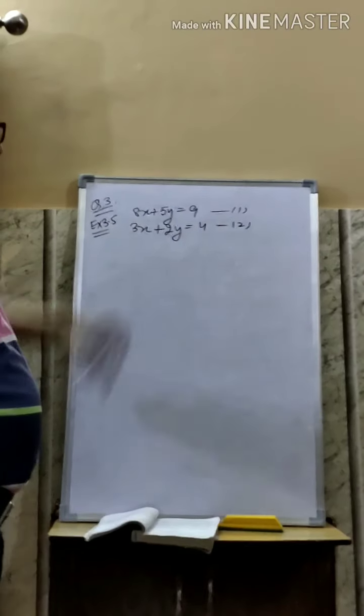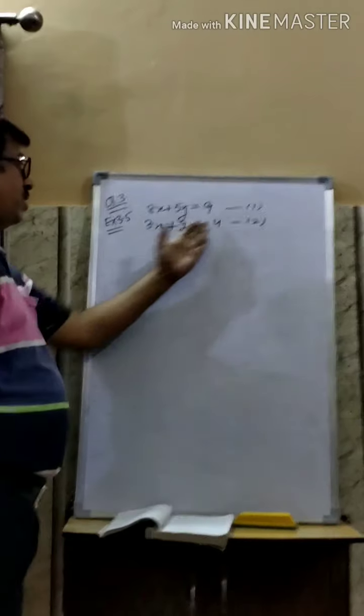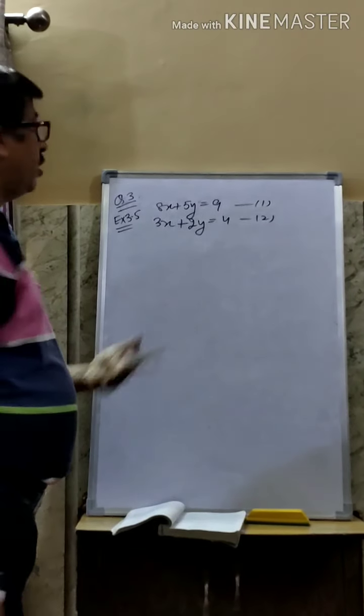So 8x plus 5y is equal to 9, 3x plus 2y is equal to 4. Now start.